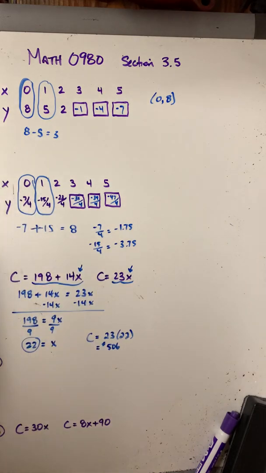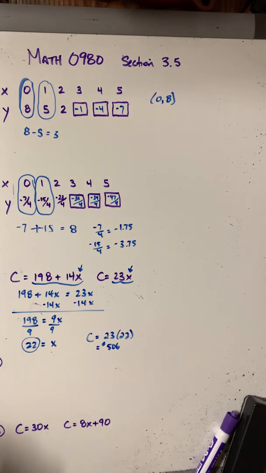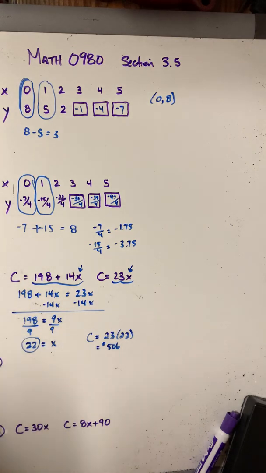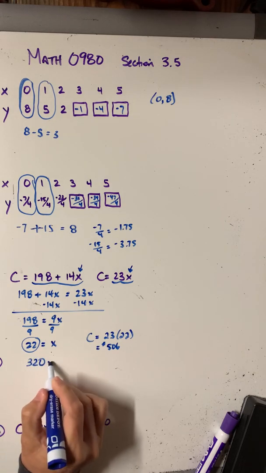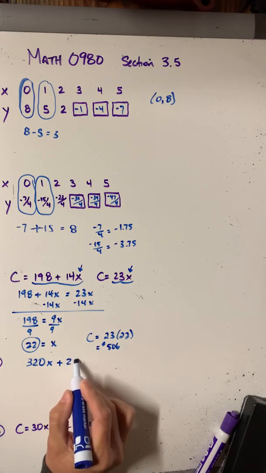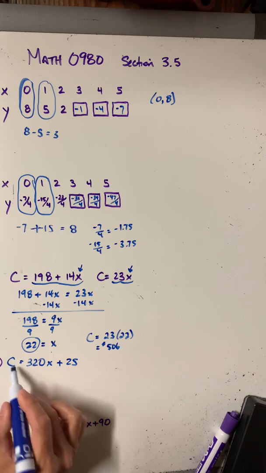I just want to point out for 4, you're going to do it the same way, but what's going to happen is that they won't ever be able to be equal, and I'll show you why. It says a farmer sells his corn for $320 a metric ton with a small surcharge of $25. So every ton is $320, so that would be $320 times every ton, and then plus a surcharge of $25.